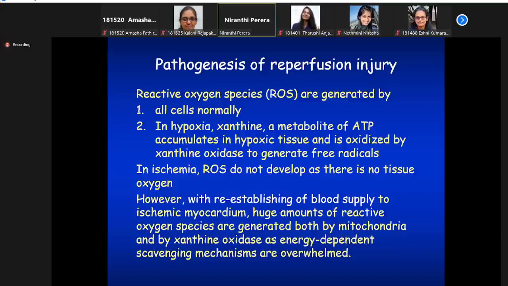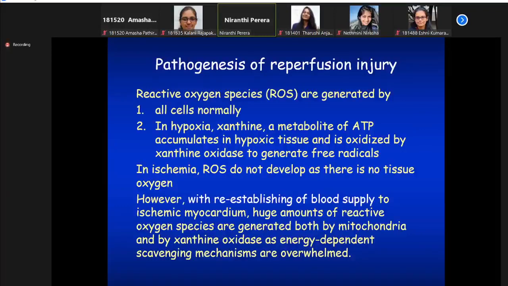But one of the most important is what I'm going to talk about here, which are the reactive oxygen species, which are normally generated by all cells, and there are mechanisms in the body which are able to mop up those free oxygen radicals and prevent them from causing injury. Okay, so ROS are generated by cells, but they are normally scavenged, and in the myocardium and all over the body, you don't have injury.